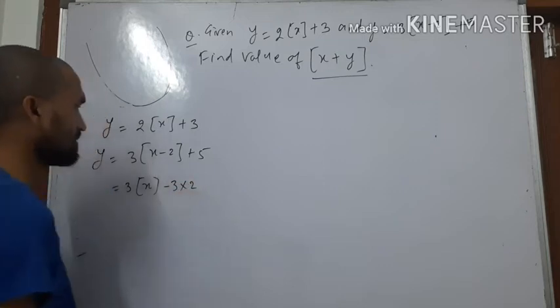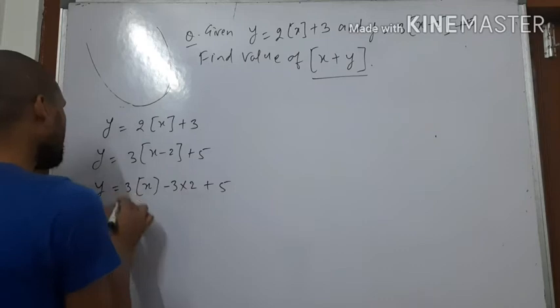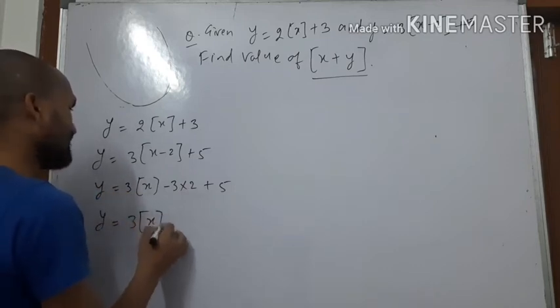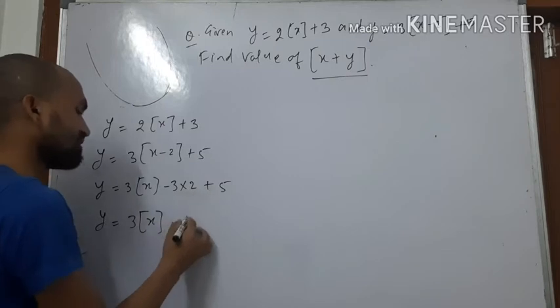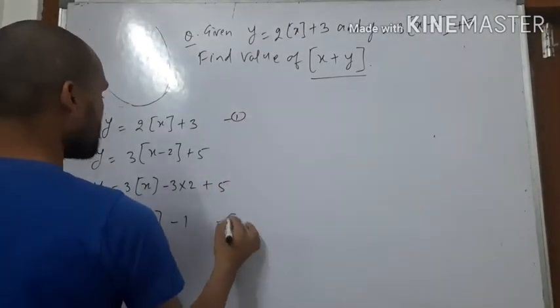So it will be 3 into greatest integer x minus 2, plus 5. After simplification we get y is equal to 3 greatest integer x minus 6 plus 5, that will be minus 1. Okay. Now our equation number 1 is this and the second equation is this.